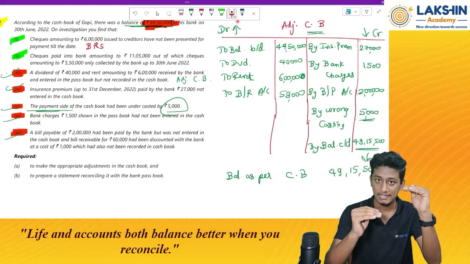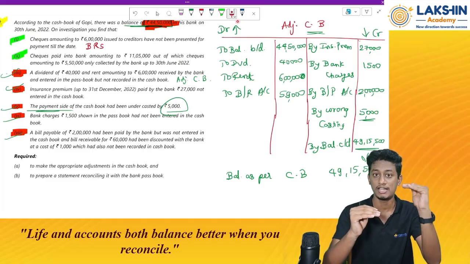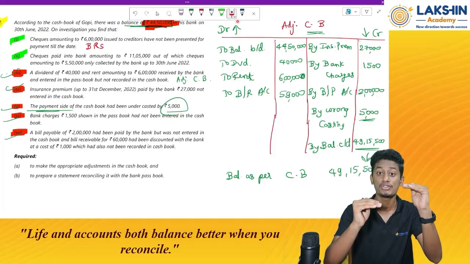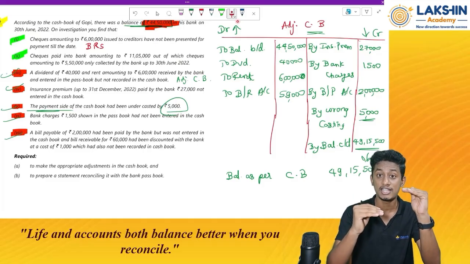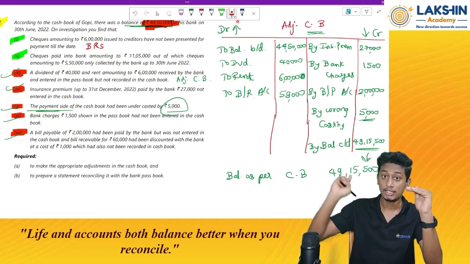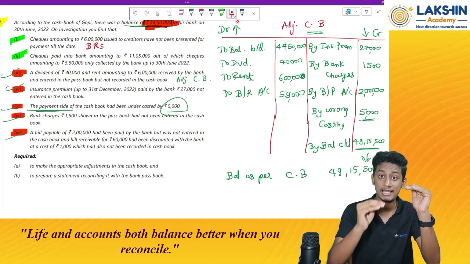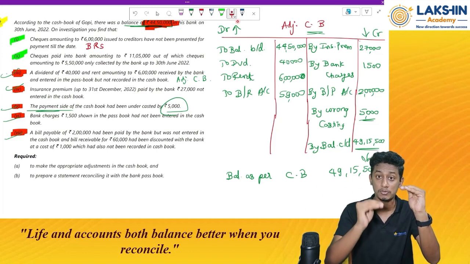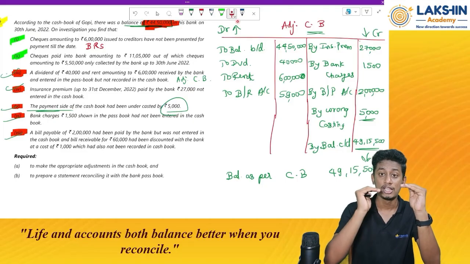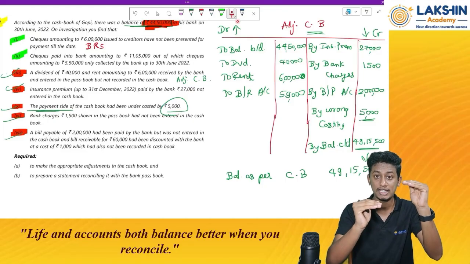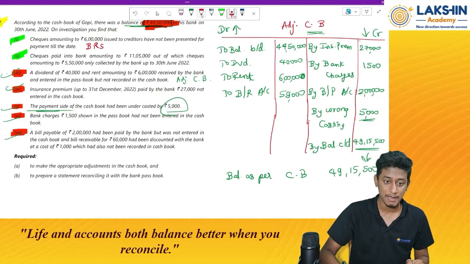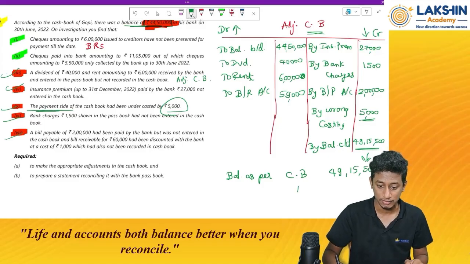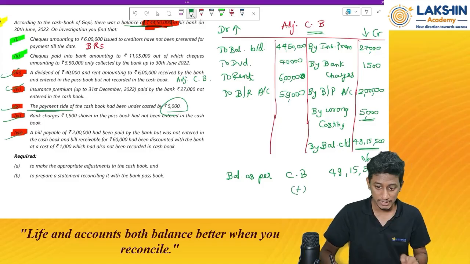But has the balance reduced in the bank account? No, it has not yet been reduced. So to make these both equal, what should I do? I can move only my cash book this time, because the question is talking about the cash book balance. The opening balance is cash book, not passbook. To make it equal, I should increase the cash book balance. So add rupees 6 lakh.